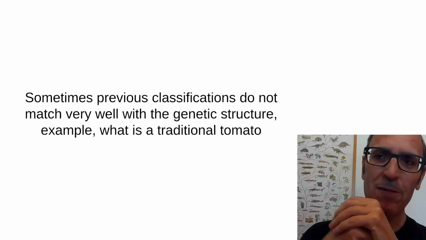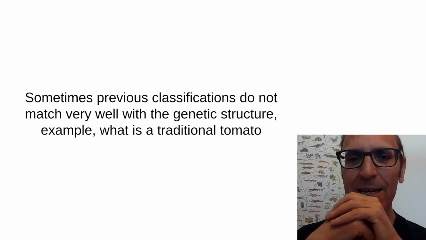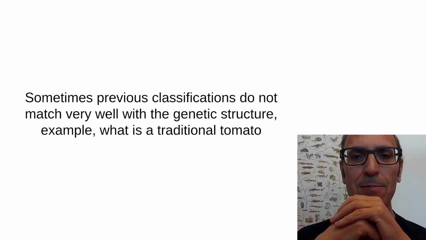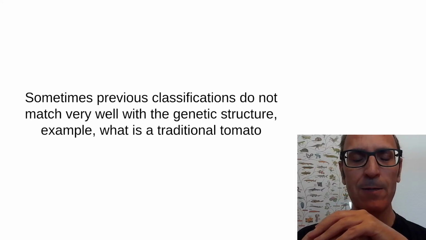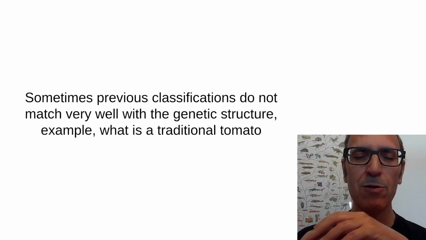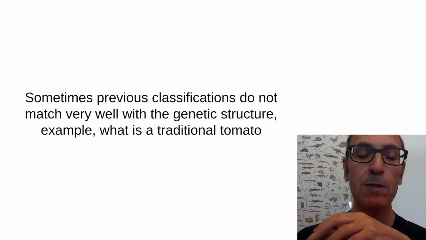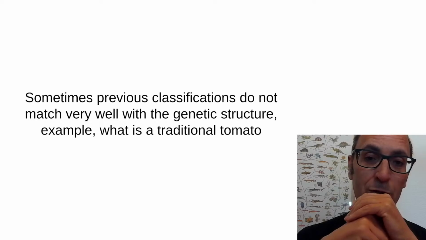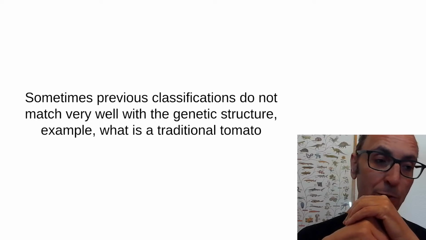Another problem that you could find is that there's a previous classification and it doesn't match very well with the structure that you get. Well, that could be because your analysis is wrong, or if your analysis is right, then it's good news, in fact, because you are saying that something previously thought was wrong.